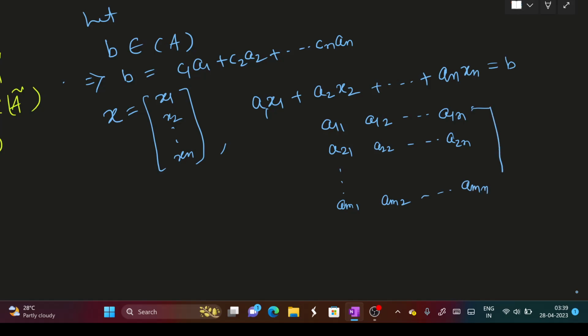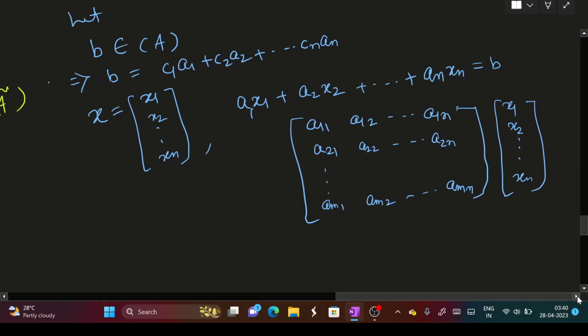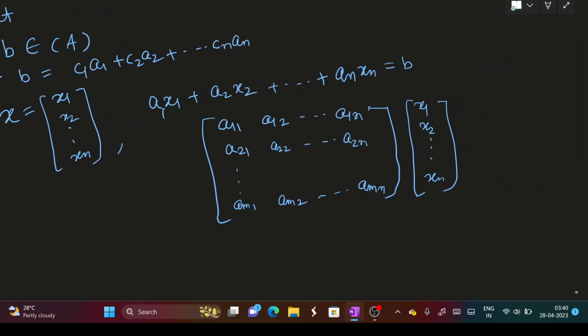This is my system of equations, multiplied by x1, x2, xn, is equal to b1, b2 and so on up to bm. Okay, so here this is my system of equations.